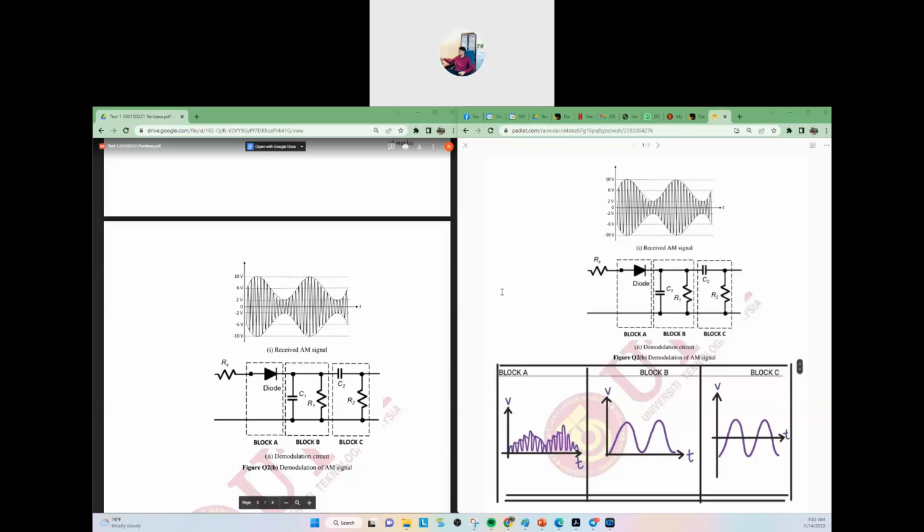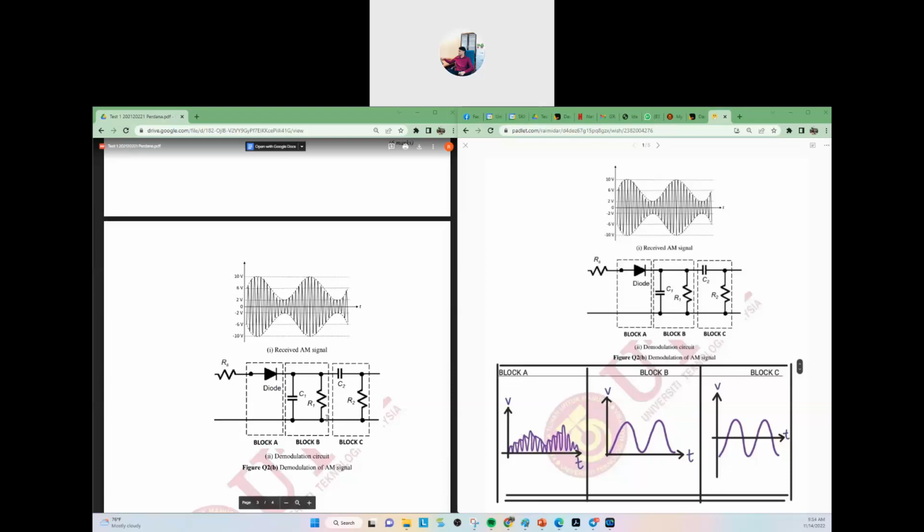In contrary, if the time constant tau is too big, then you have diagonal clipping. You learned diagonal clipping in your electronic devices course. Instead of having more ripple, it is on the opposite side. So you cannot have the time constant too big or too small.